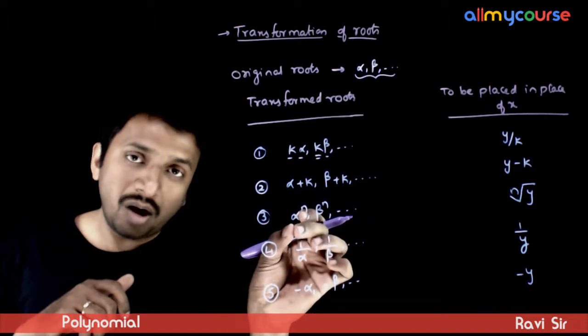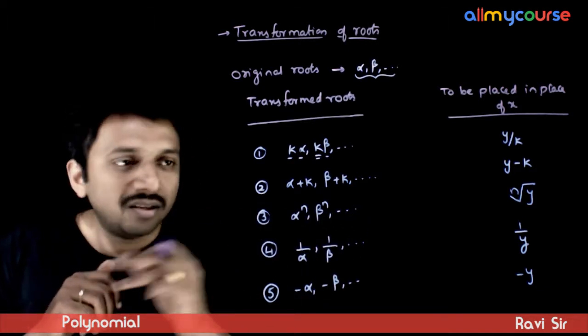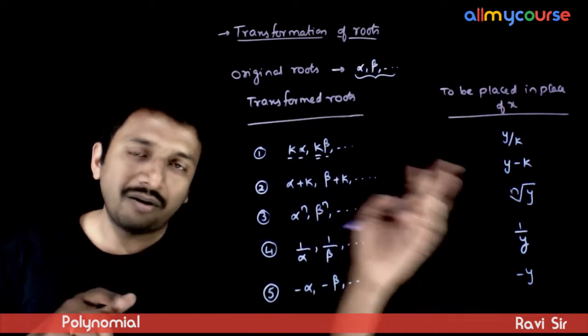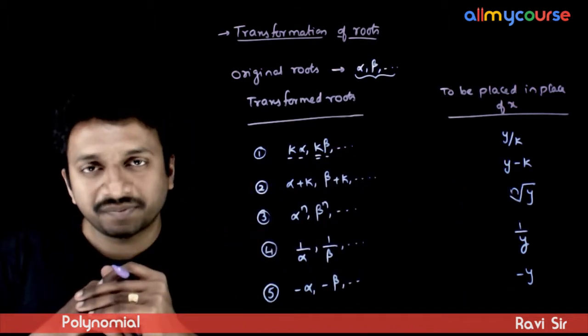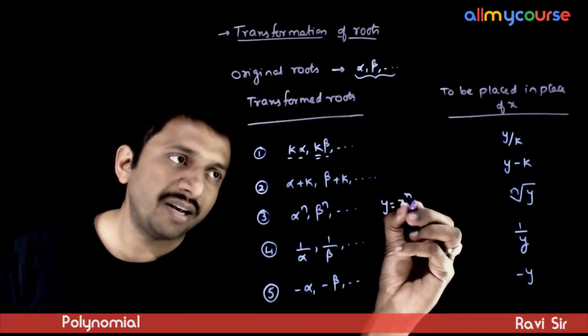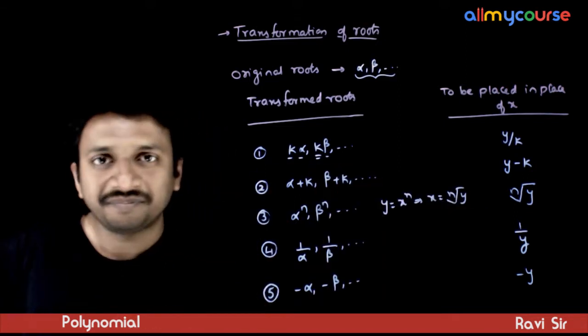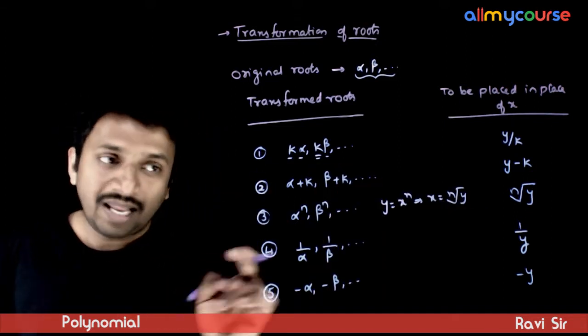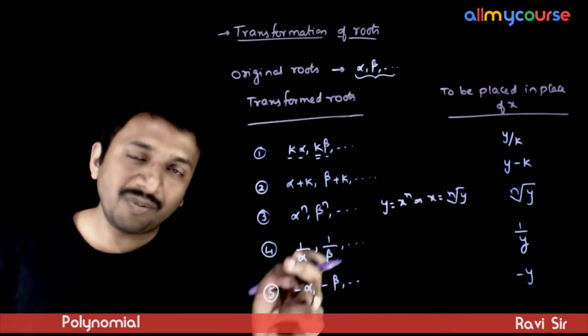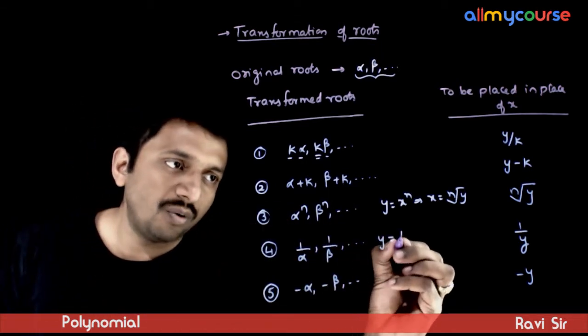Next, if you want to raise all the roots to some power n, you have to substitute nth root of y in the place of x. Because y is equal to x power n implies x is equal to nth root of y. Next, if you want the roots to be reciprocals of the original roots, y is equal to 1 by x.